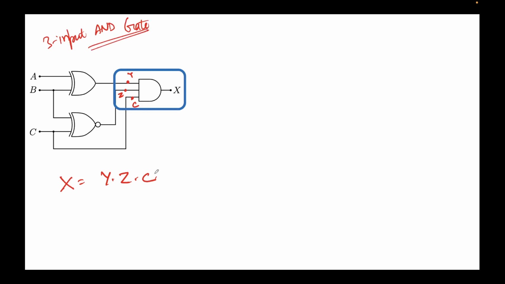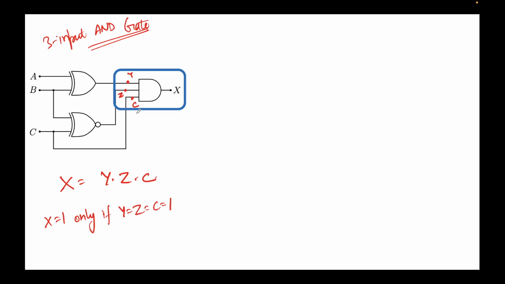These are the 3 inputs. And we know the output of an AND gate is high only when all the inputs are high. I repeat. So we can say that X equals 1 only if Y equals Z equals C equals 1. These are the 3 inputs, Y, Z and C.